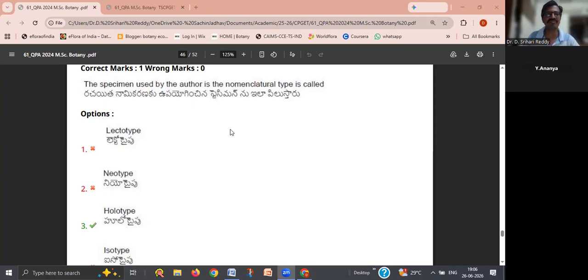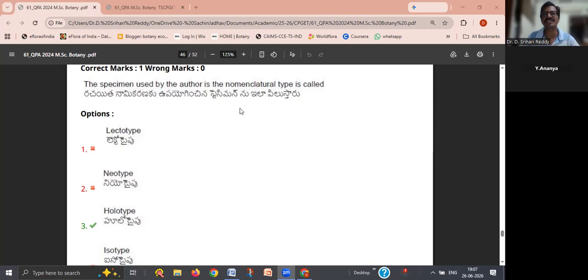In the publication, he describes the morphological features of that plant species, which is available in the form of the herbarium specimen. The one who describes, the one who found this species, is called an author. So the author uses a specimen, the specimen used by the author in the nomenclature type.